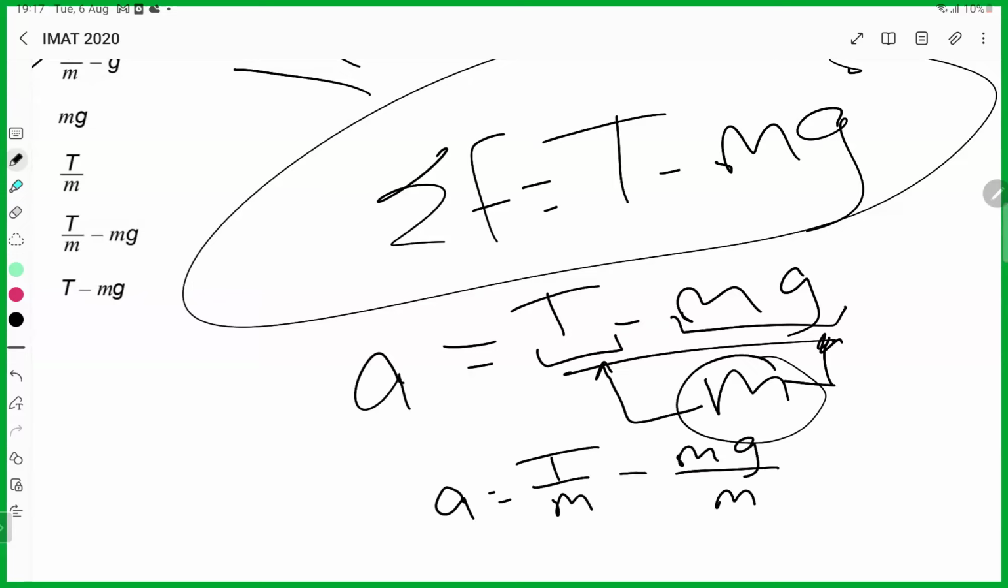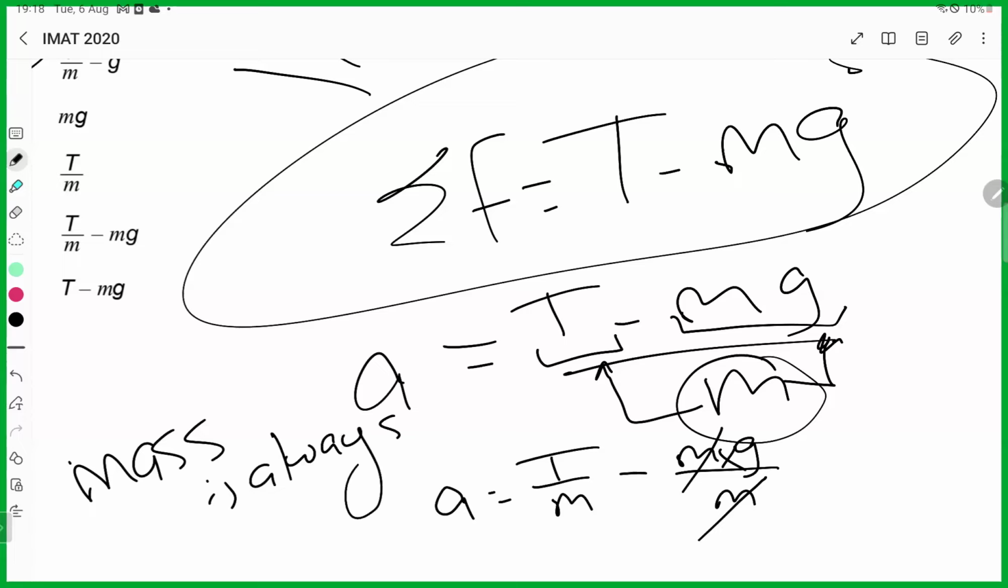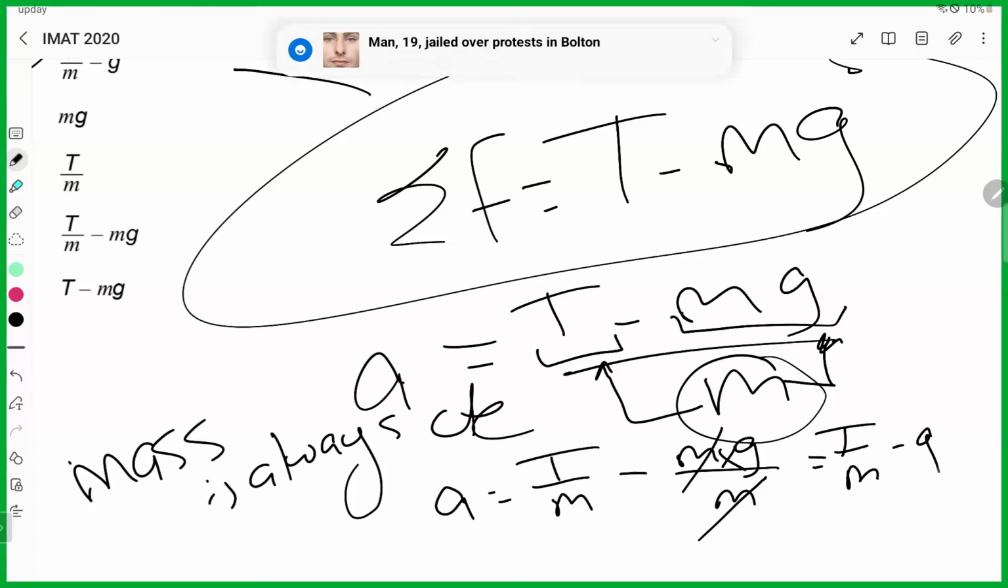Clear? And then here we have m times g over m, so we can easily delete the mass, because mass is always constant. Wherever you go, your mass is always constant. So you can delete it, because it's of course a number, 5, 4, 6, 7, whatever. So we will end up having T over m minus g, which is letter a.